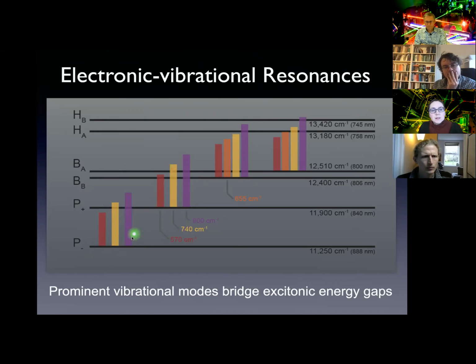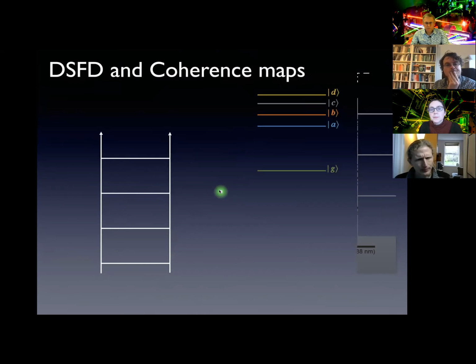And you can see that many of these modes seem to span the electronic energy gaps in the system. Okay, and so we are observing electronic vibrational resonances in the BRC.